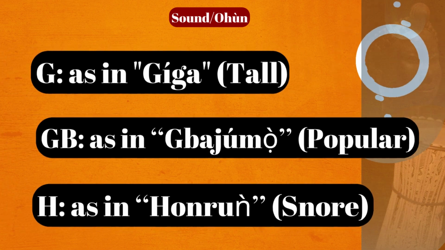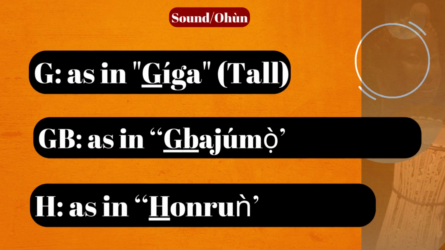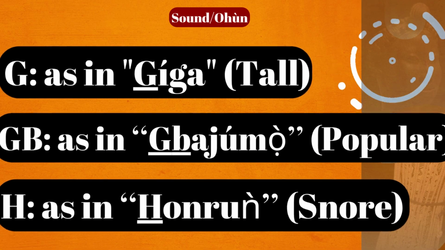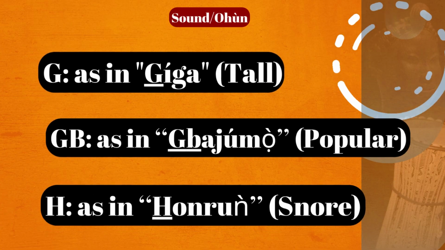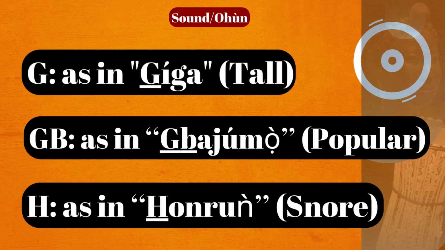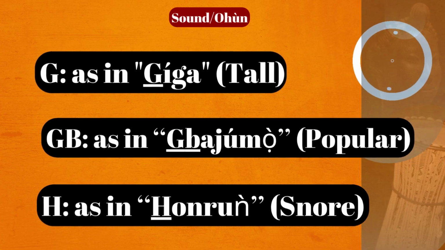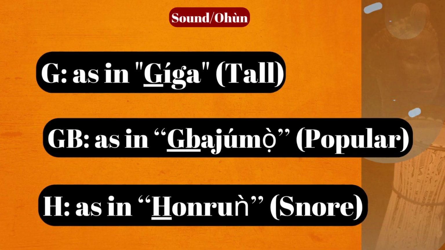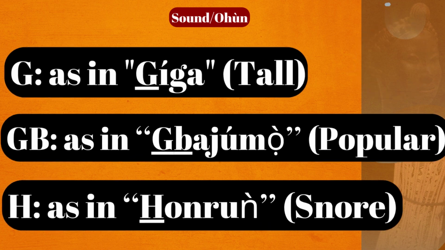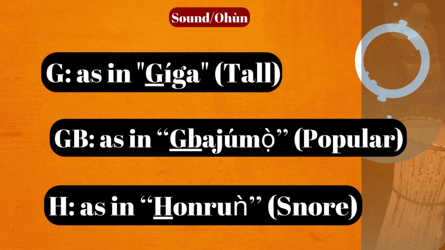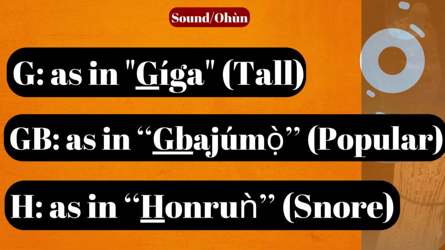Gi is underlined. Gb, gbajúmọ̀, meaning popular. He, ho, horn, snore. When someone is snoring, snore, horn.